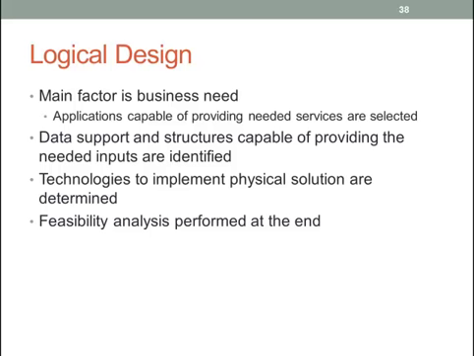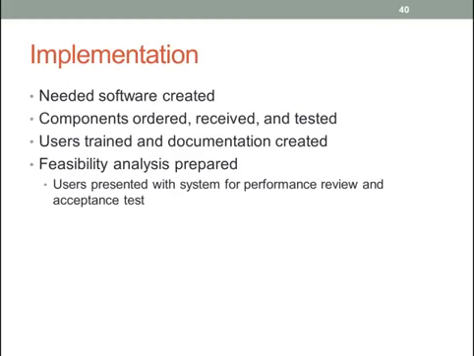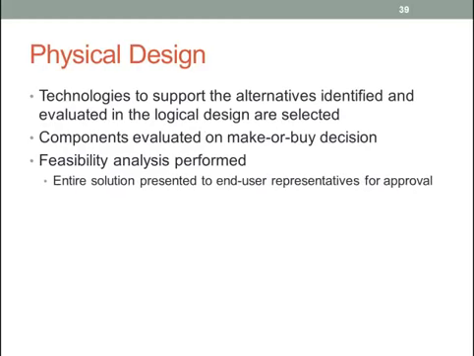Finally, based on all of that information, they select specific technologies to implement in the physical solution. In the end, another feasibility analysis is performed. And we have to keep in mind that throughout this process, if it's ever determined that the organization cannot move forward, then the appropriate thing to do is to end that particular project, go back, revisit, start over, and see if we can figure out another way of doing it.